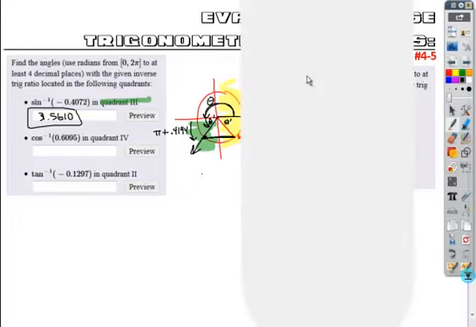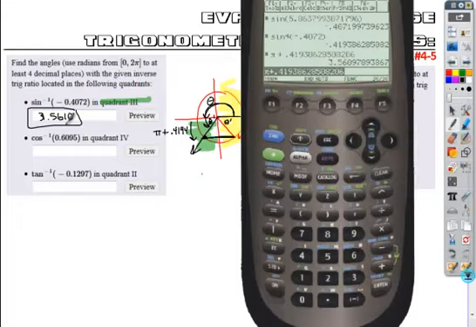And once again, you can confirm that by typing it in. If I measure the sine of 3.5610, it should give me that ratio that I'm looking for, negative 0.4072. So it gives me the correct value. You can confirm your answers for those.